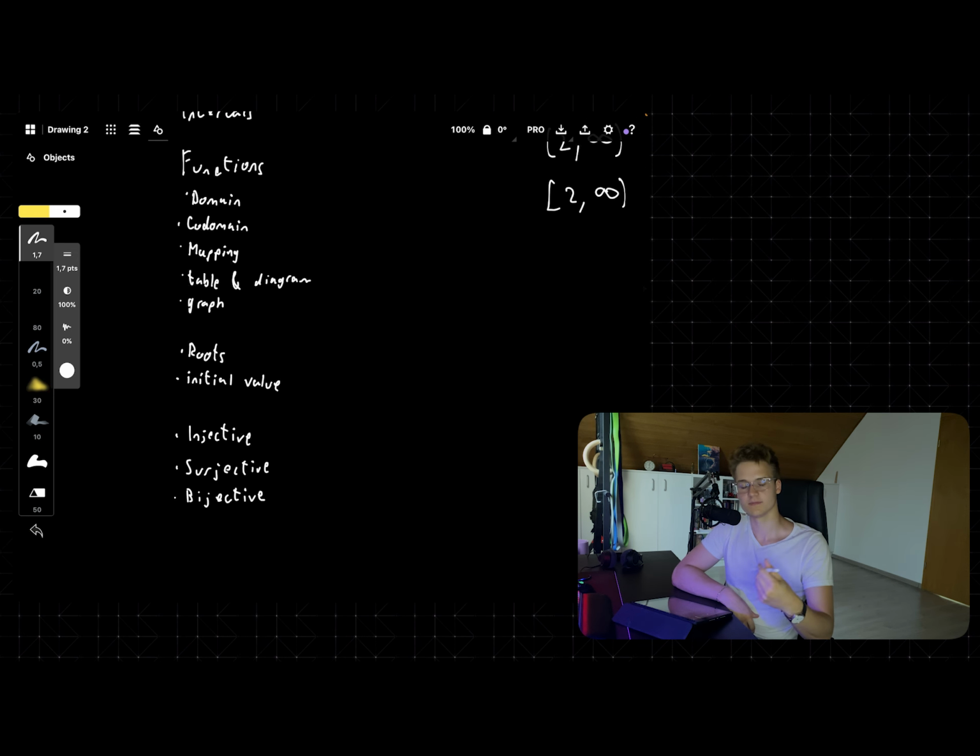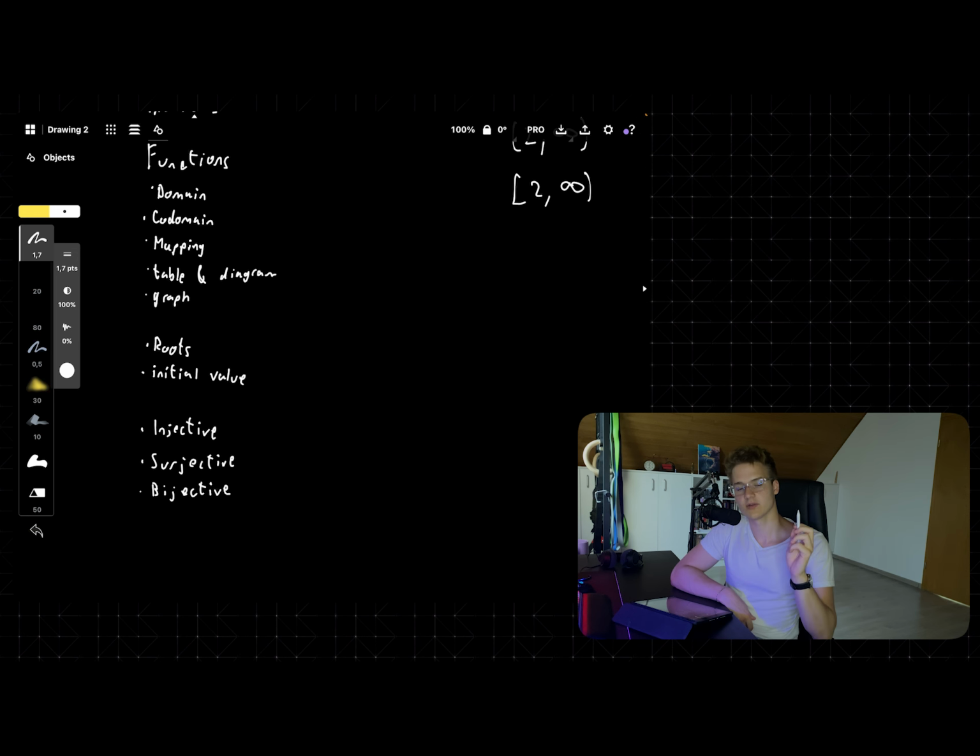For a function you need three things. You need the starting set, and the end set, the final set, or we say the codomain. So we have a domain, a codomain, and then a rule that maps every element from the domain to exactly one element in the codomain.